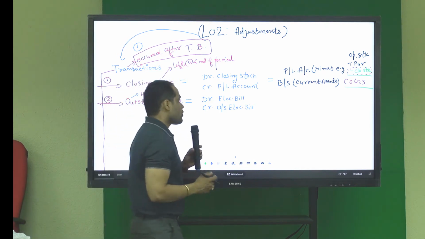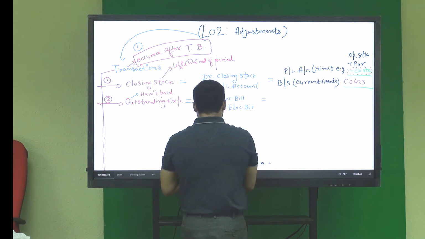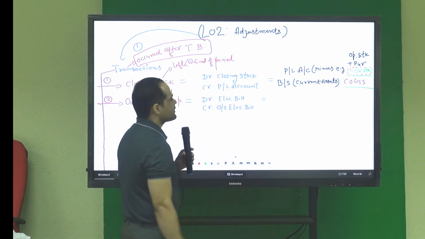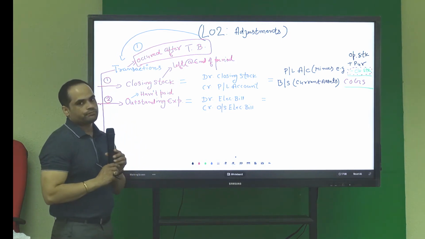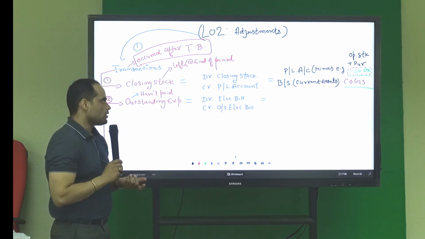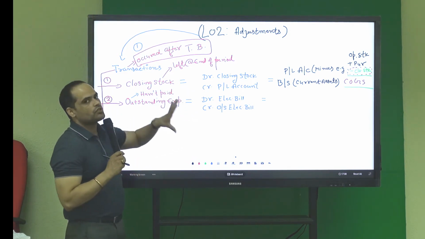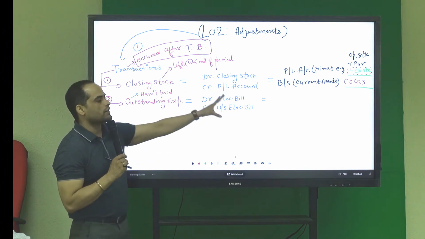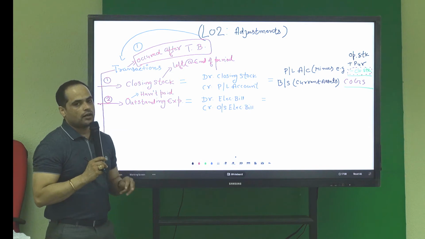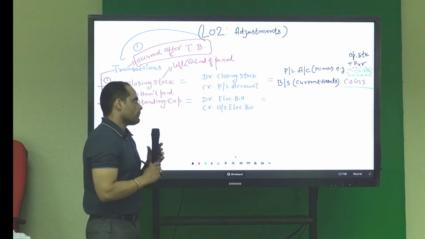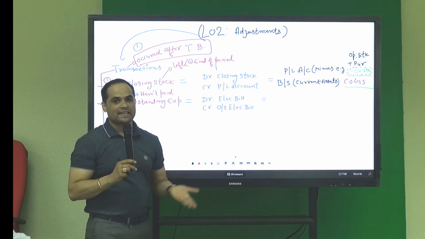Alright? So what will be the treatment, how do we record in our company accounts, where do we record? By looking at the journal entry, you can also make your judgment on how you're going to record in your profit and loss account and in your balance sheet. Alright? So you can see that we debit electricity bills. So electricity bills is an expense, expense is debit.